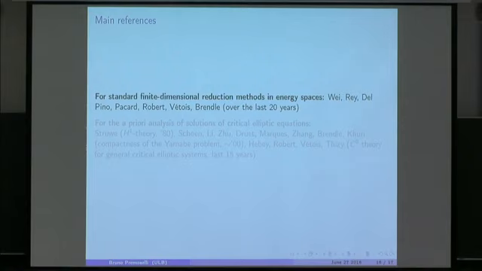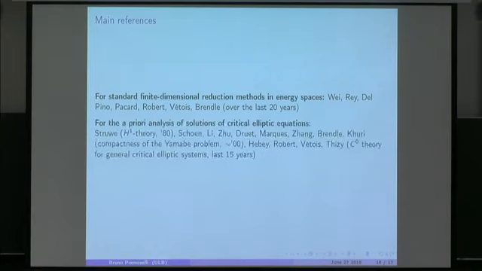This was step one of my proof. And what I mentioned two slides ago, when we had to switch from the H1 estimates to the continuous estimates, uses techniques which have been developed in the analysis of critical elliptic equations in the last 15 years, and which revolved around the investigation of the compactness conjecture for the Yamabe equation.